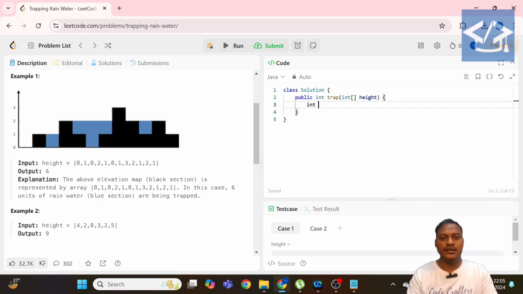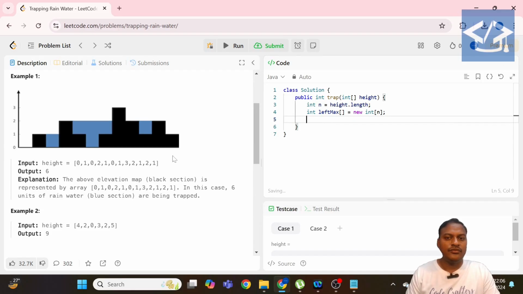Let's take n as the height's length. Let's declare leftMax. For each and every tower we have to find the maximum height of the tower that resides to its left. For the first index there is no left, so the height of the building itself becomes the left max.